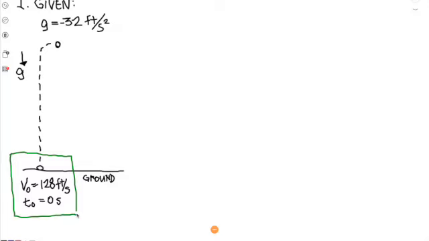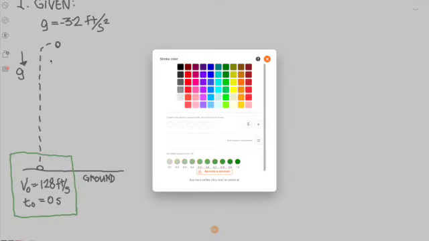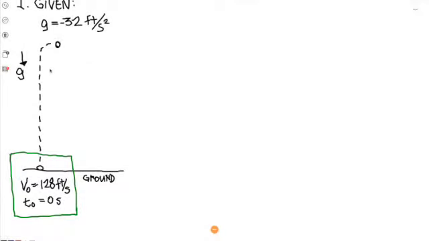For this, the instantaneous velocity at this instant is 128 feet per second, and the time is 0. Then we throw the stone, and I want to write the second. We pause the motion again, and I want to label it at this one.